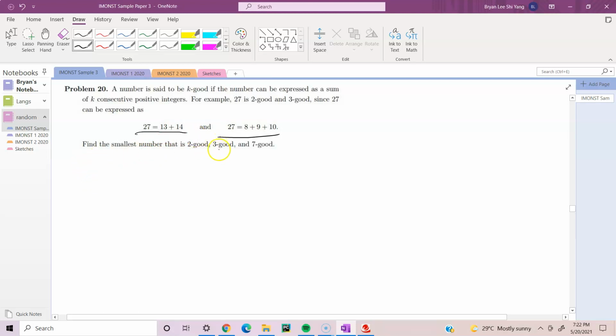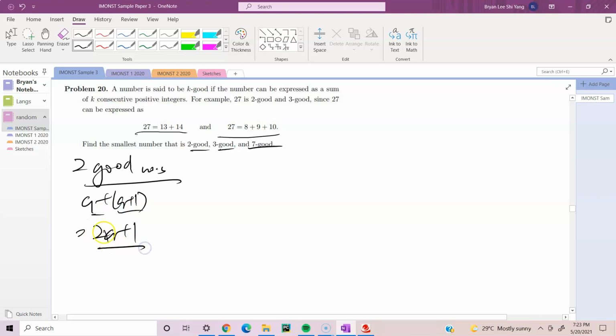Let's discover the properties of any 2 good, 3 good, and 7 good numbers, okay? For 2 good numbers, it will be in the form of a plus a plus 1, right? Because both are consecutive, so it'll be 2a plus 1. Since a is an integer, this means that any odd integer can fulfill the status except for 1, because 0 plus 1, 0 is not a positive integer.